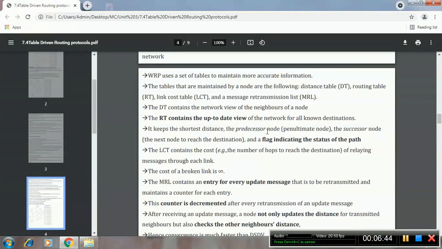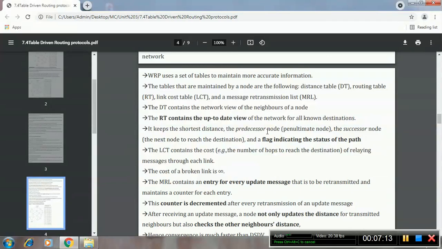The LCT, the link cost table, contains the cost of relaying, for example, the number of hops to reach the destination. In many classes I told you the meaning of hops. Hops are nothing but the intermediate nodes or mediators that help us move from source to destination if we do not have a direct connection.